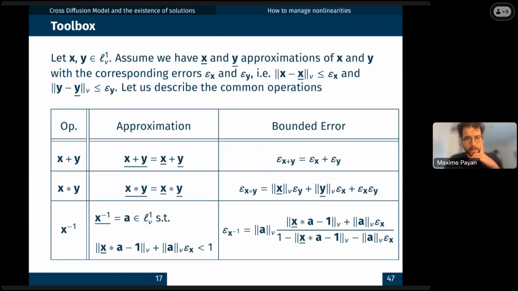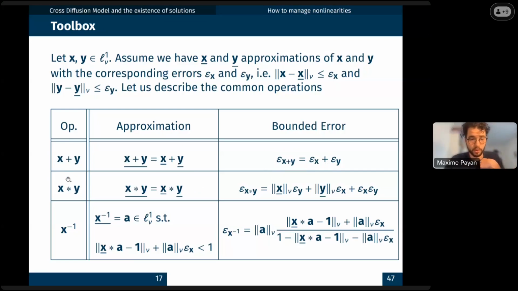do that. So firstly, just a toolbox. When we have two vectors in the Banach space, we assume that we have underlined approximations, with errors. So of course, when you sum the theoretical vectors, a good approximation is the sum of the approximations, and the error bound will be the sum of the error bounds, no problem.